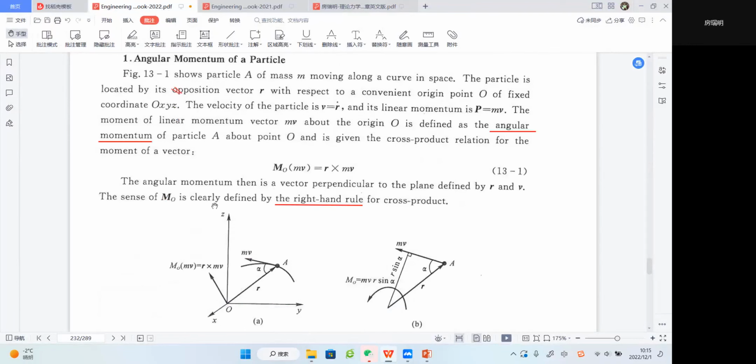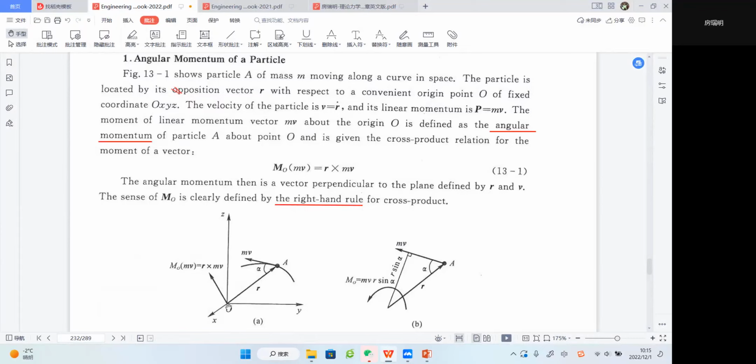So please, you guys can try to look at this picture. This picture shows particle A of mass m moving along a curved space. Maybe this curve is its trajectory, right? The particle is located by its position vector, because we have this fixed Cartesian coordinate system, right?